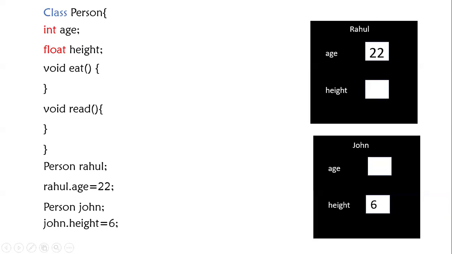Java follows a simple principle where the variables and methods are declared only once. We have age and height or eat and read written only once, but we can use them repeatedly based on repeated object creations. So for n objects, n locations will be created and n values can be stored.